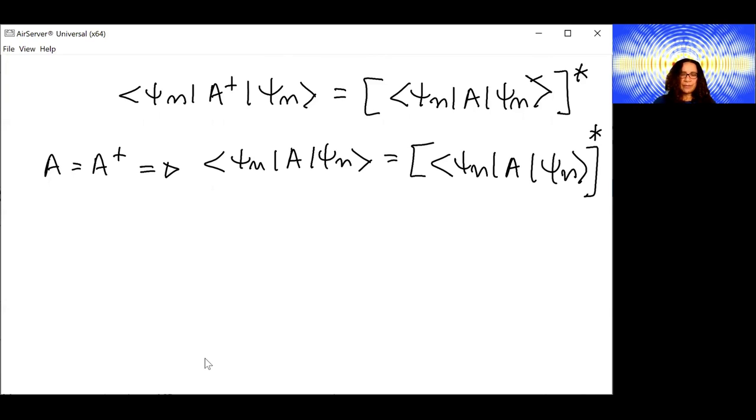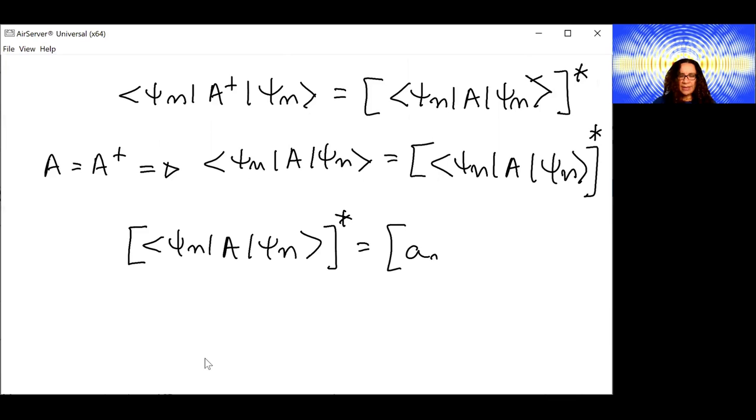If you would like to compute it, you know that ⟨ψn|Aψn⟩ star is going to be equal to an ⟨ψn|ψn⟩ star. Correct? It has to be, because we have just applied the eigenvalue equation.